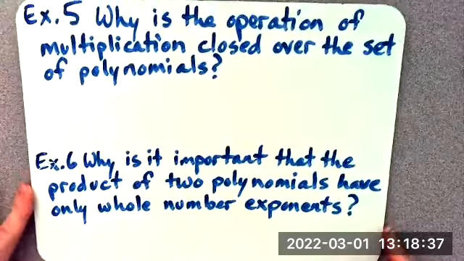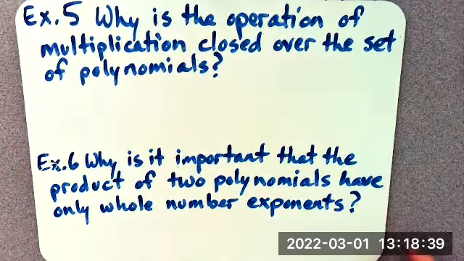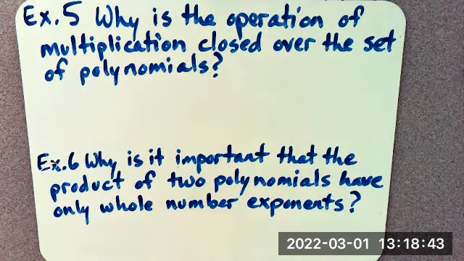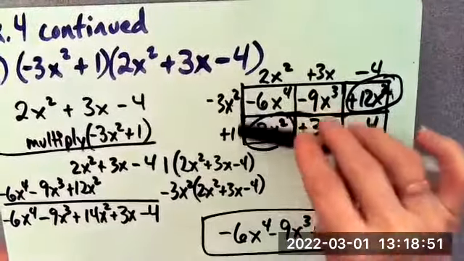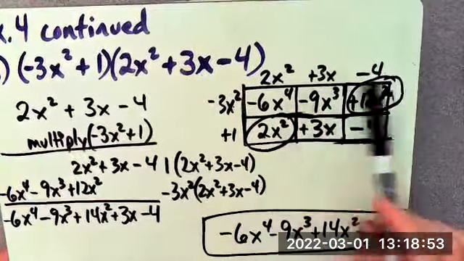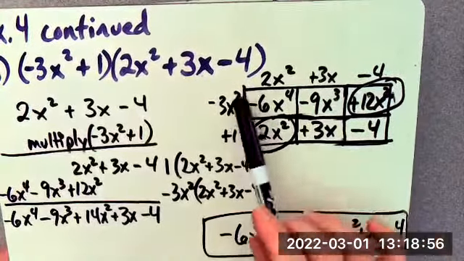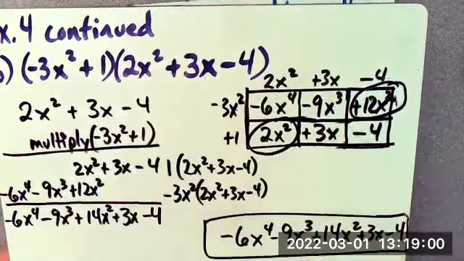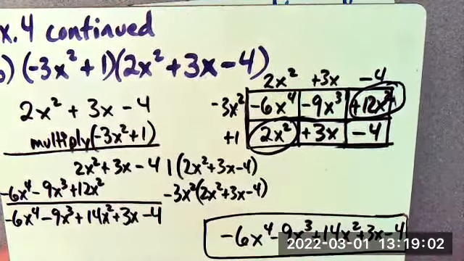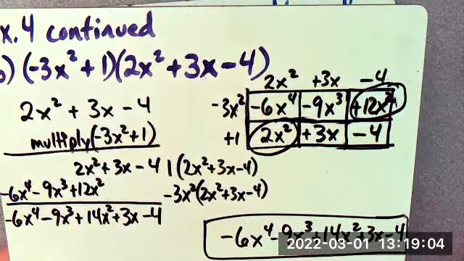Okay, so let's talk about some theoretical things. Why is the operation of multiplication closed over the set of polynomials? Well, let's take a look at our multiplication. We have a polynomial times a polynomial, and when we're adding our exponents, they're all whole numbers. So the whole number set is closed in addition.